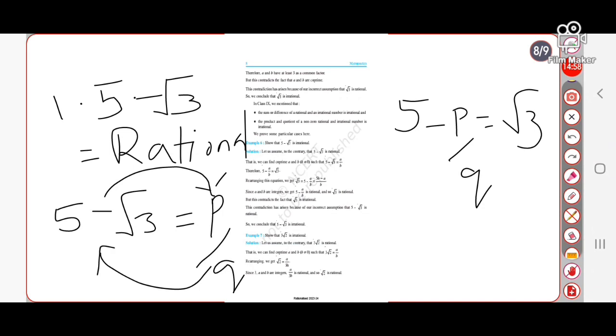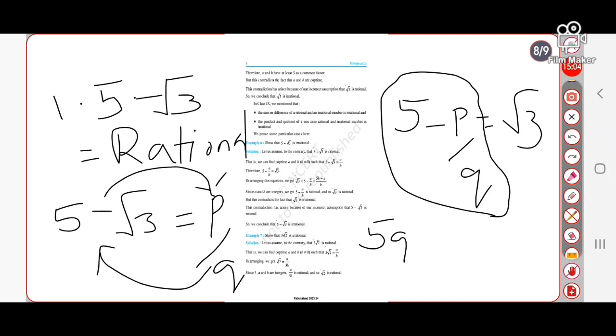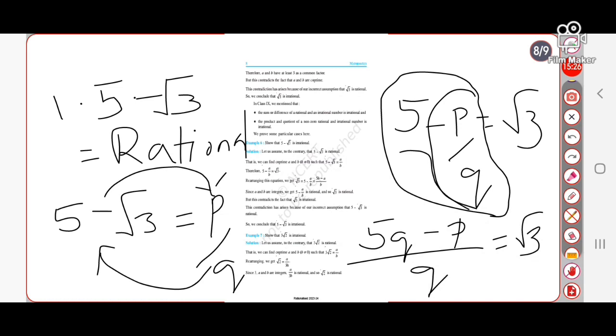Now what they have done is they are taking LCM for this one. So what we arrive at is 5q minus p by q is equal to root 3, right? We get this value. So okay, now this, that is 5q minus p by q, this value is rational because it is being expressed in the form of p by q.